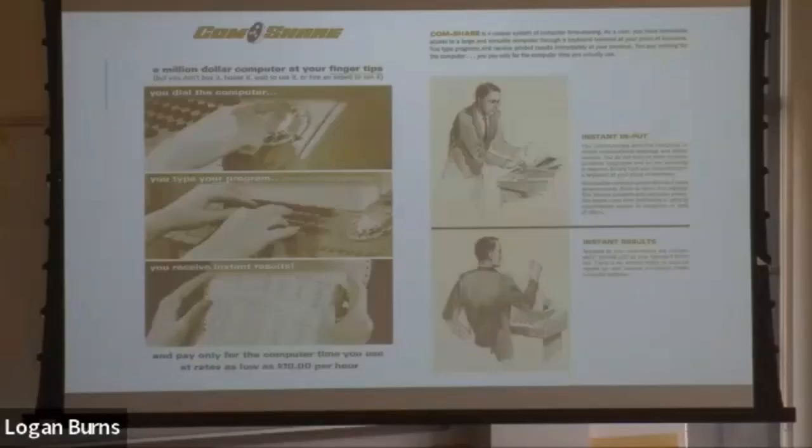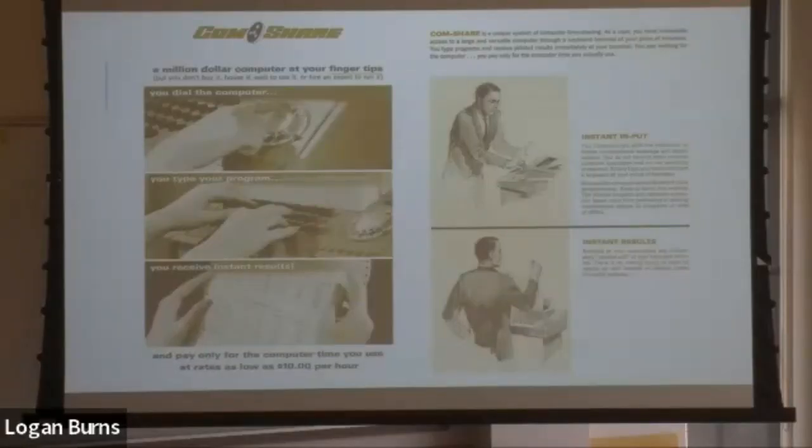And this is a little bit more of a commercial version of it, where you can actually get a $1 million computer at your fingertips. This is more of a business application, obviously, but for $10 an hour, you can actually have access to computers, which at this point were time sharing systems that enabled multiple people working on them at the same time.